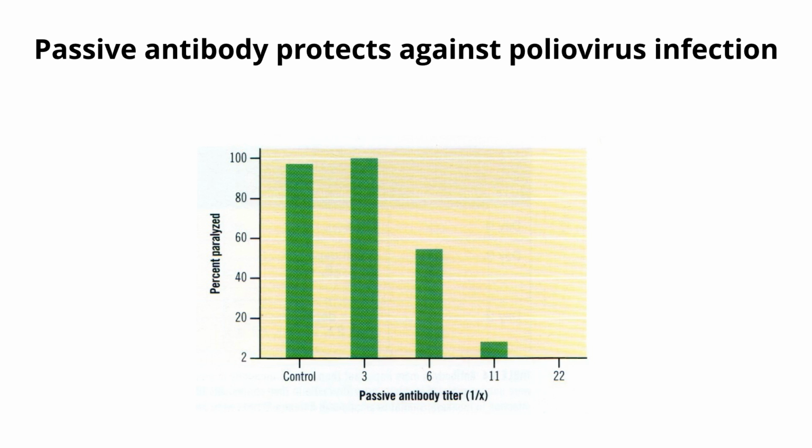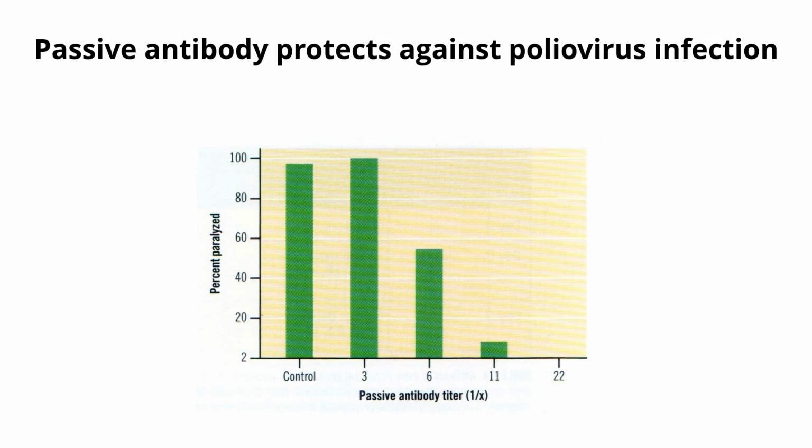So here's an experiment to show you how, if you have a good complement of antibody at the start of an infection, you can prevent disease. This is passive antibody protection against polio infection. So passive means you're injecting a preformed antibody preparation into an animal.